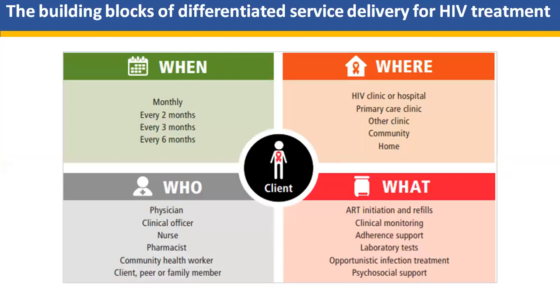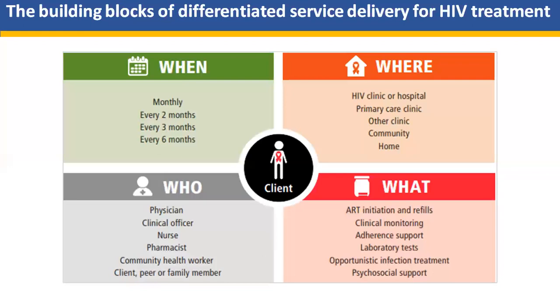What is the service we want to give my patient or client? That is very important. We are catering to a very diverse group of people who are coming to the ART centers. So if the group is diverse, my service will also be different. It will not be the same for all.